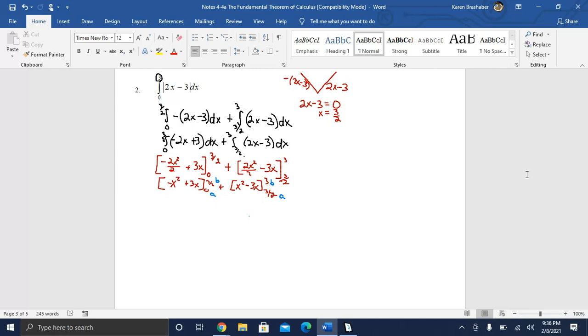So it is negative 3/2 squared plus 3 times 3/2. So there's f of b minus, and then f of a, we have negative 0 squared plus 3 times 0. 0 is always a great number to plug in, but if it's not 0, do be very careful about your positives and negatives.